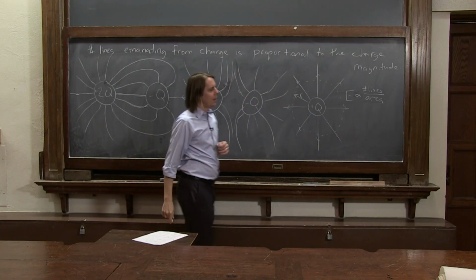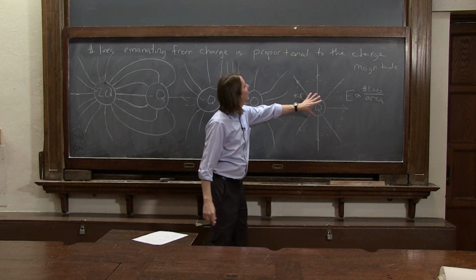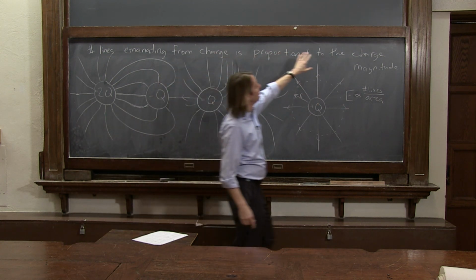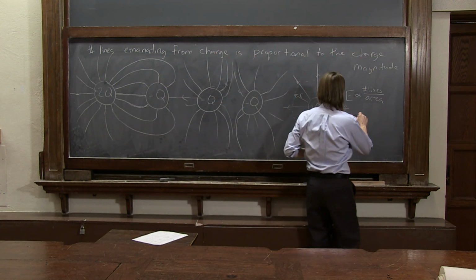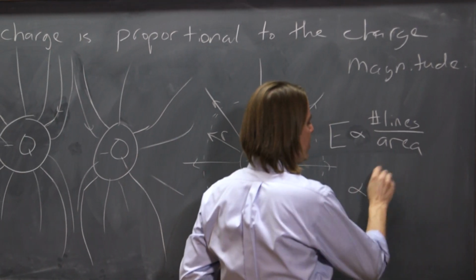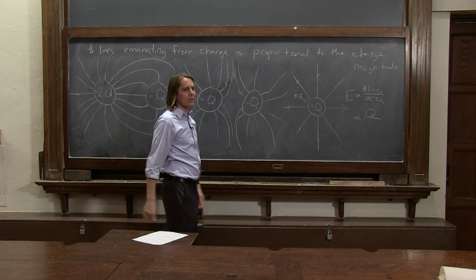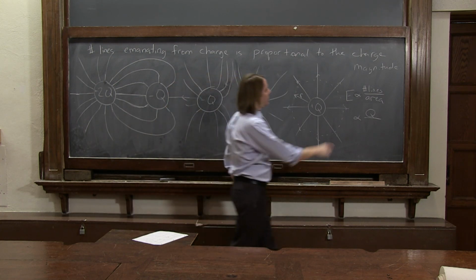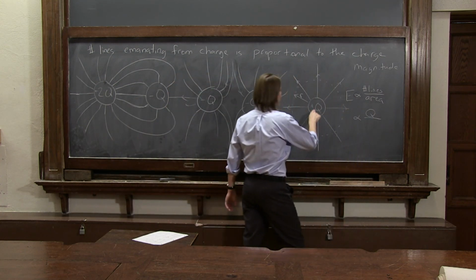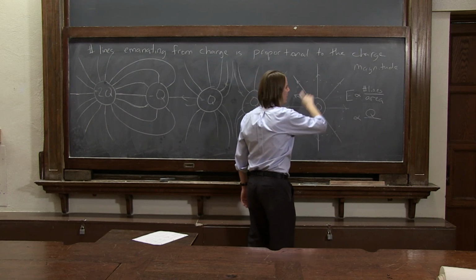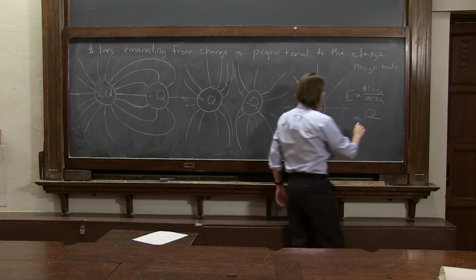Okay? Well, what do we say? The number of lines you put is proportional to the charge magnitude. Okay? So in that case, the E field is also proportional to Q. Here I drew 8 lines for Q. Had it been 2Q, I would have drawn 16 lines. So that's proportional to Q. And what is the area of a sphere? It's 4 pi r squared.